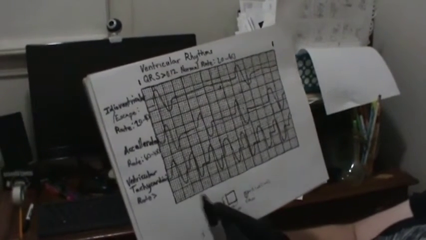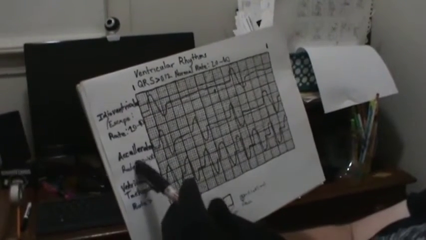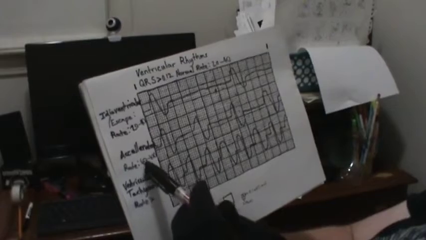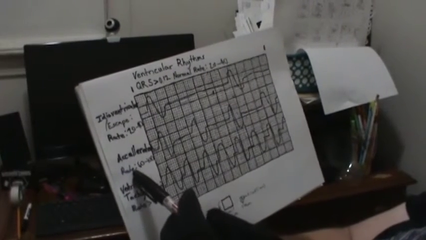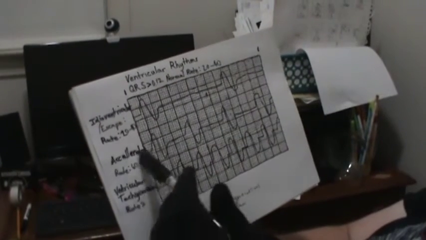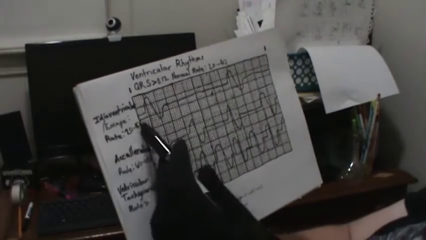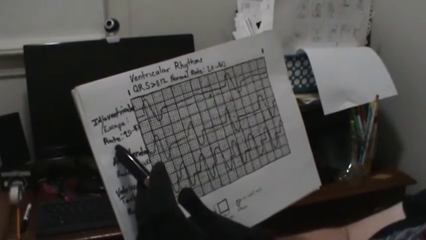There are varying sources, depending on which books you read, saying that this accelerated rate could possibly extend all the way down to a rate just over 40. However, for simplicity's sake, 60 to 100 is going to be considered accelerated. 20 to 40 is going to be idioventricular escape.